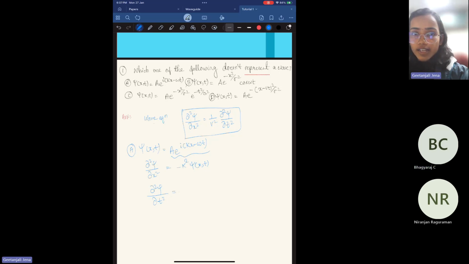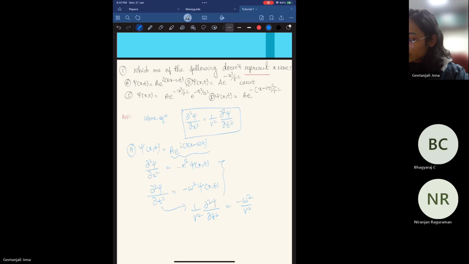So dou square psi by dou t square, if you calculate it, is minus omega square psi of x, t. Then 1 by v square times dou square psi by dou t square is minus omega square by v square psi of x, t.